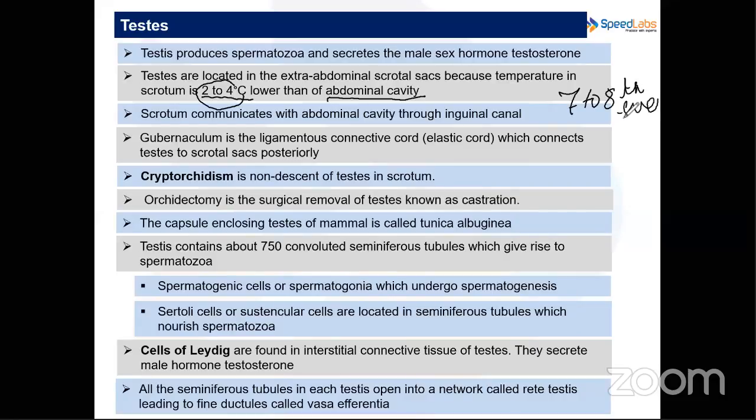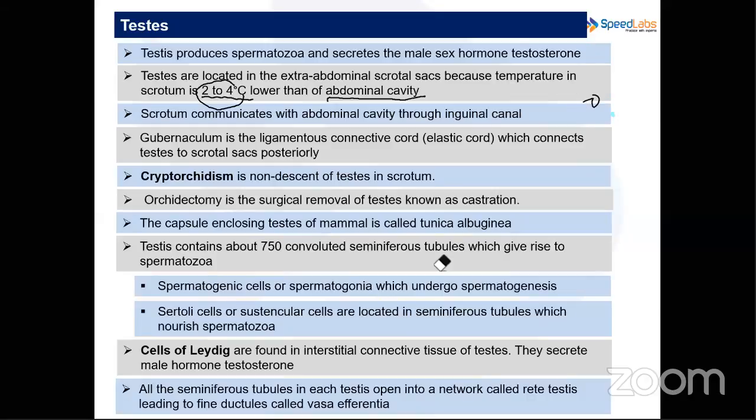So when the embryo is 7 to 8 weeks old, that means that time only inside, if that is a male fetus, then that time scrotum. So why is it so, and how do they descend?